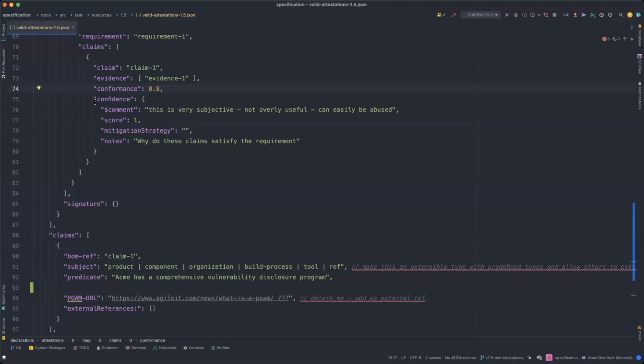Requirement and conformance to me go together 100%. Like, I conform to that requirement, and that makes sense. But maybe when we say claim, it's more like reasoning, or how well did you make that argument? Is it compelling? Something like that, to differentiate between the two.